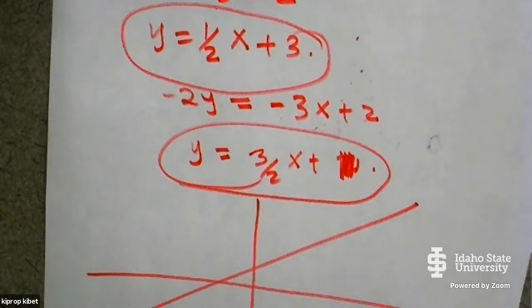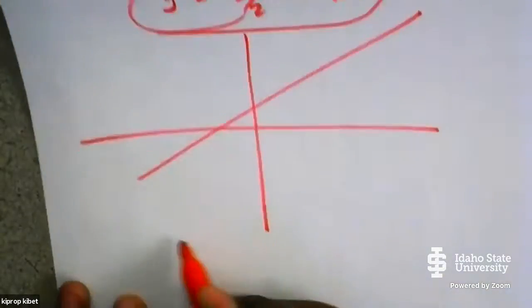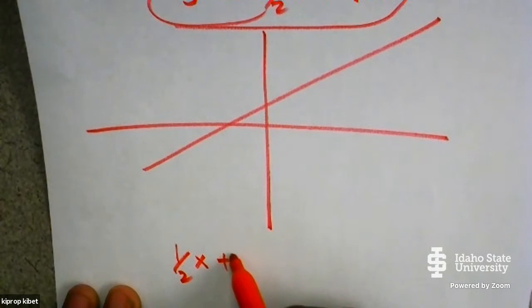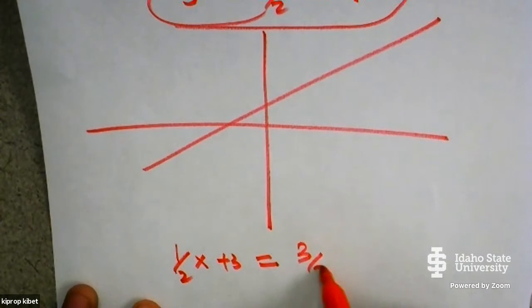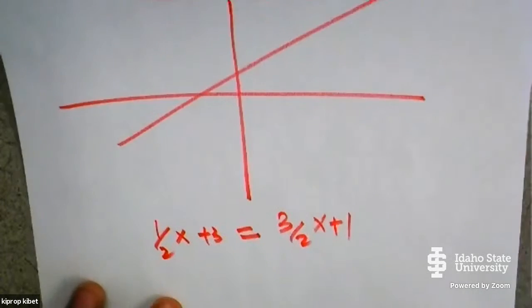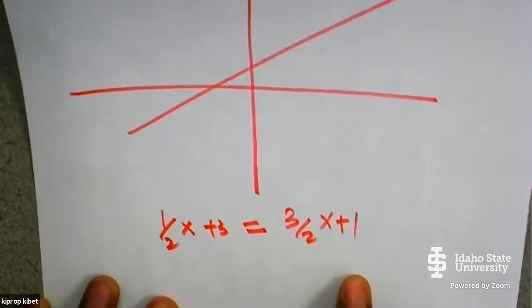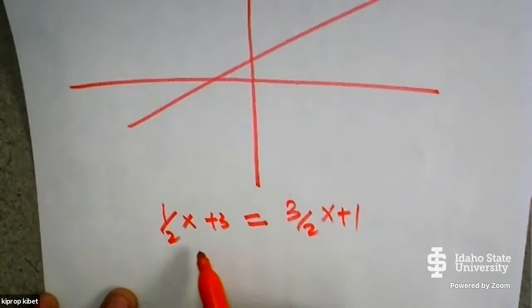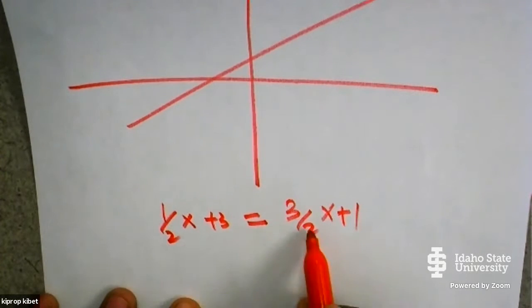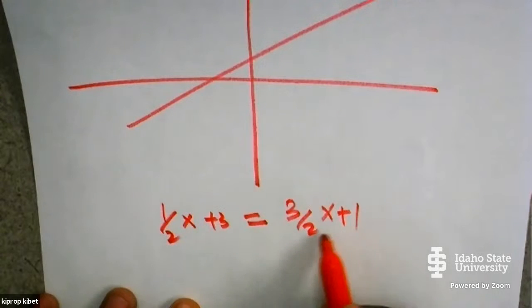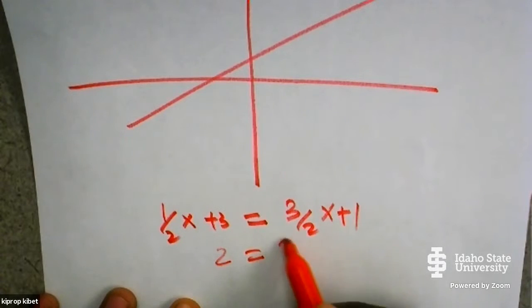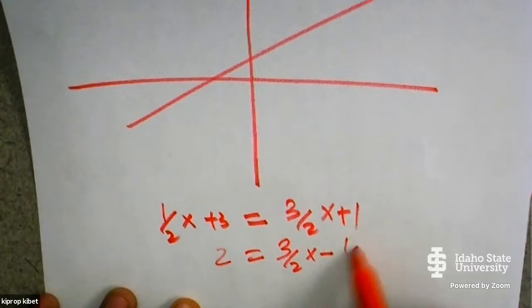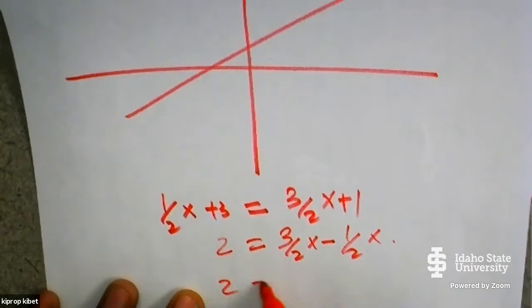So you can say this one is equal to that: 1/2x plus 3 equals 3/2x plus 1, because that's the point where they will meet. Take this one to the other side: 2 equals 3/2x minus 1/2x, so 2 equals 2x.